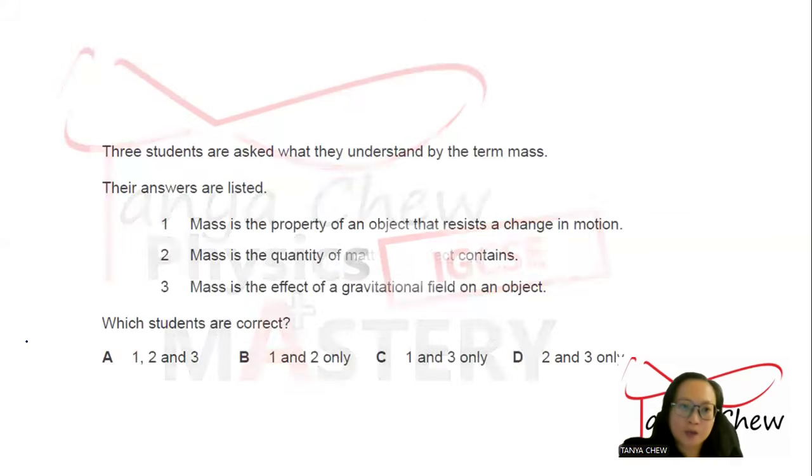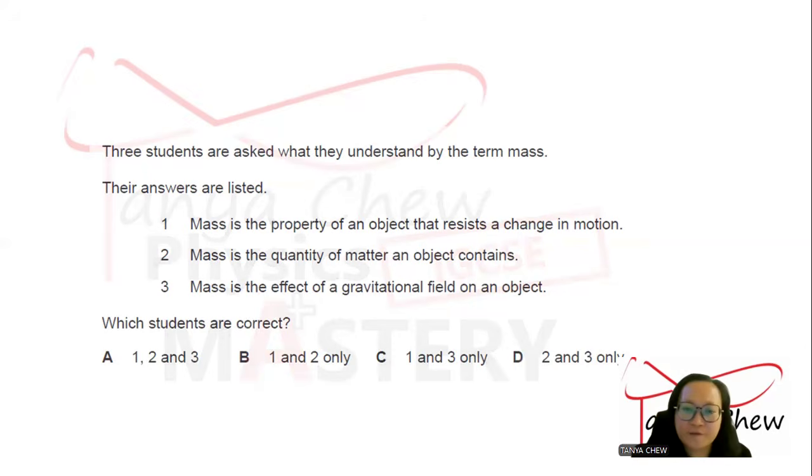For example, three students are asked what they understand by the term mass. Their answers are listed. First, mass is a property of an object that resists a change in motion. I'm not sure. Second, mass is the quantity of matter an object contains. Not so sure.